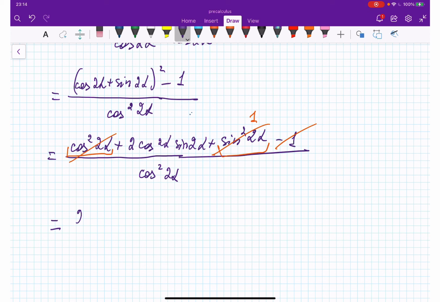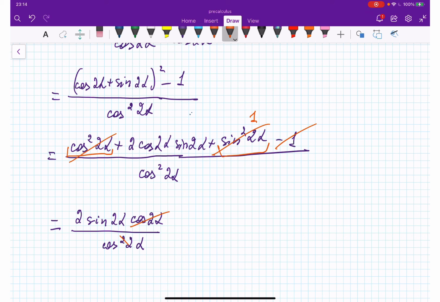And as a result, I'm going to have 2 sine alpha cosine alpha, divided by cosine squared alpha. So from here, cosine squared will be cancelled with cosine alpha.